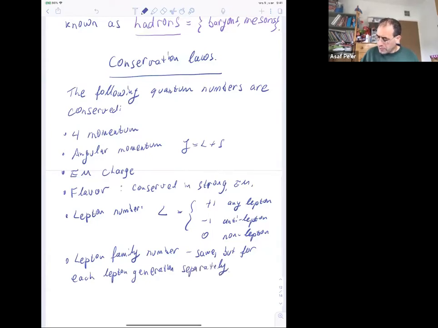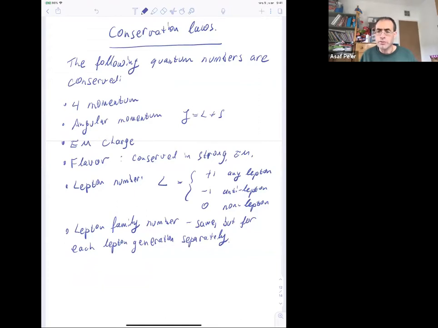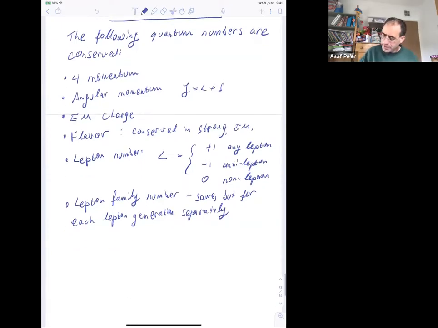I honestly cannot see a way in which the lepton generation number will be conserved and the total net lepton number will not. I think it's just for ease of quick calculation, or maybe for historical reasons. Honestly, I don't know.